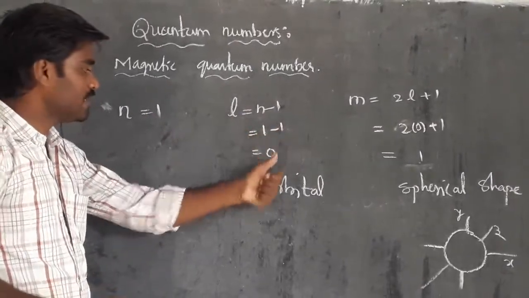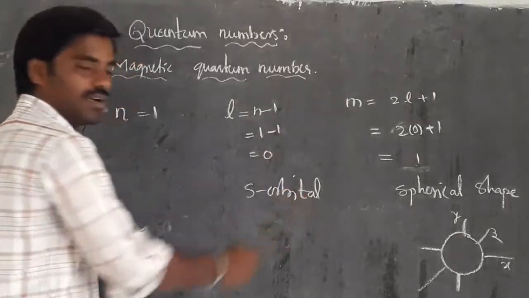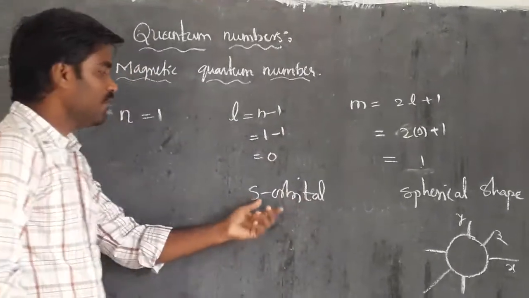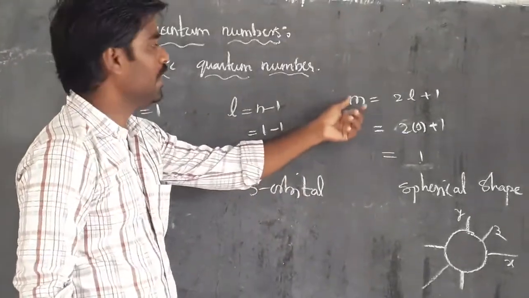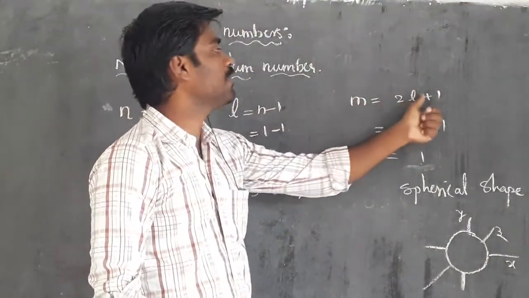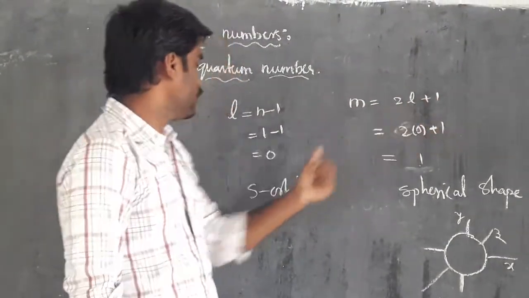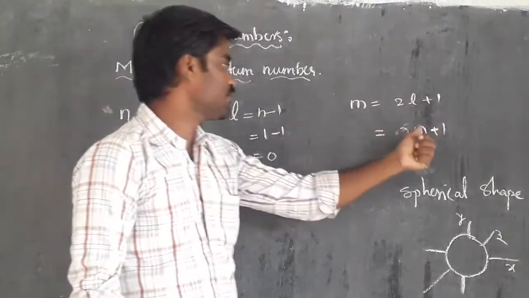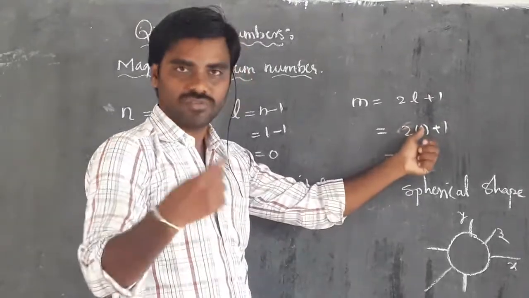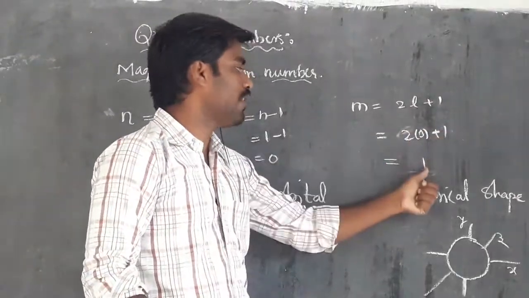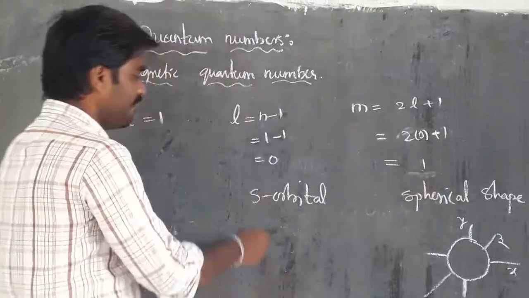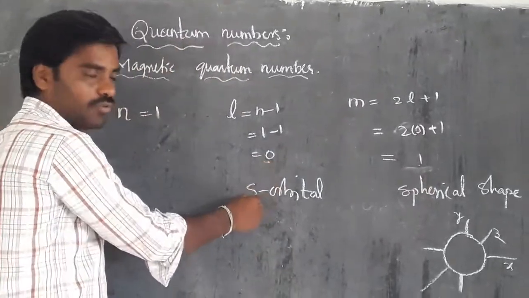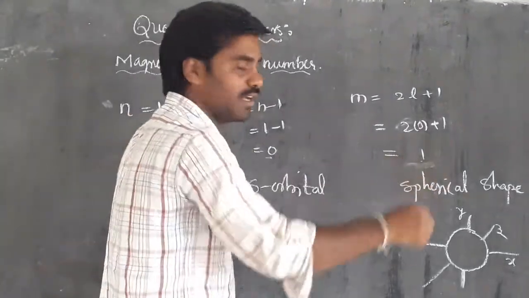When l is 0, the type of orbital is the S orbital. Then the magnetic quantum number value is m is equal to 2l plus 1. Here l is 0. Substitute: 2 into 0 is 0, plus 1. The total value is 1. So when l is 0, the number of m values is 1.